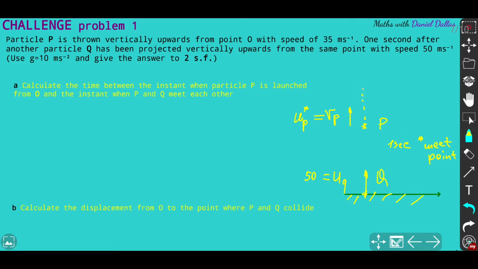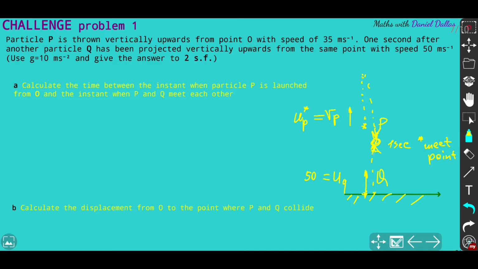Particle P goes upward and then goes down to this point, and particle Q just goes straight up and they meet here. That's the case you have. Many students start thinking from this moment, and I want to tell you that this approach is a bit harder because it takes more calculations and more evaluations.